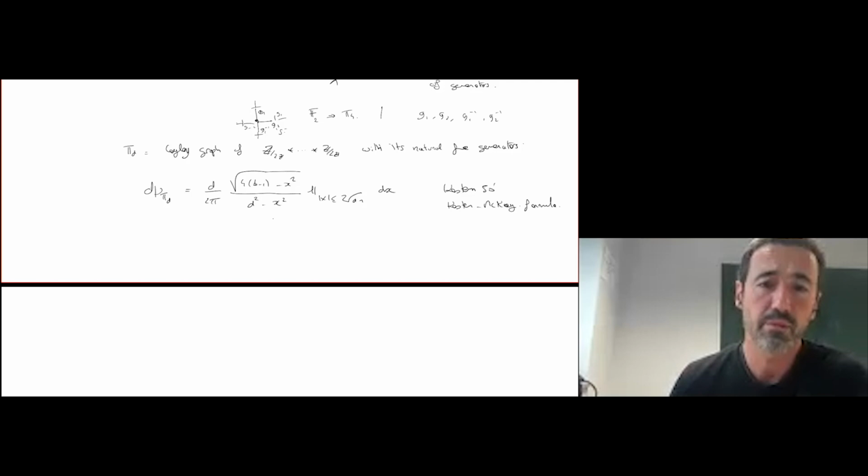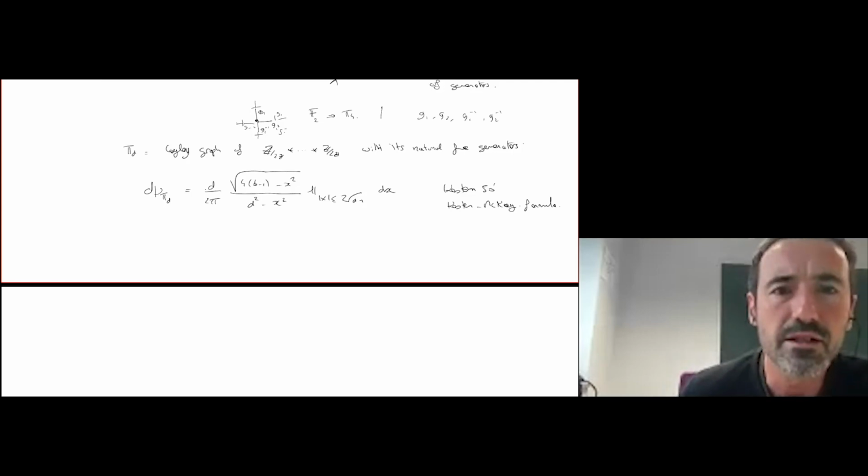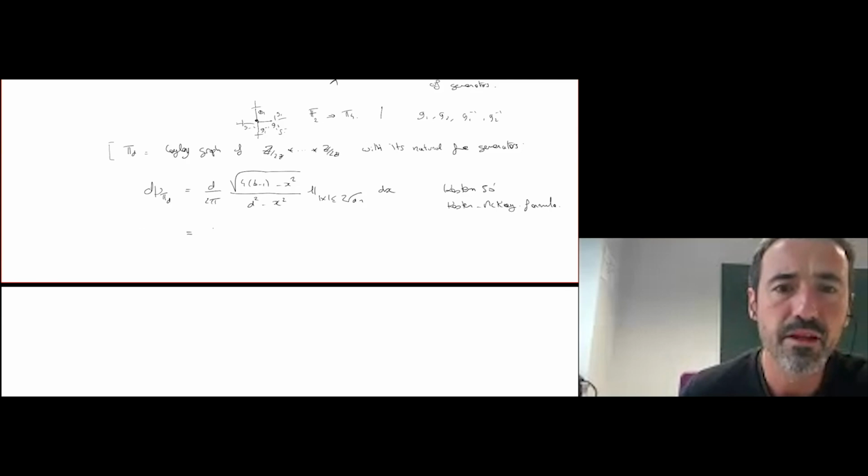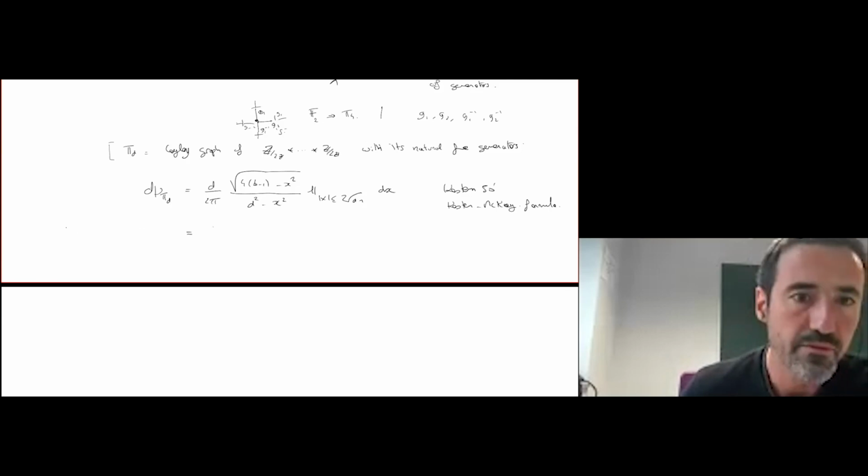There is an interpretation in terms of the free product of groups. From this formula, you can interpret the spectral measure as follows.